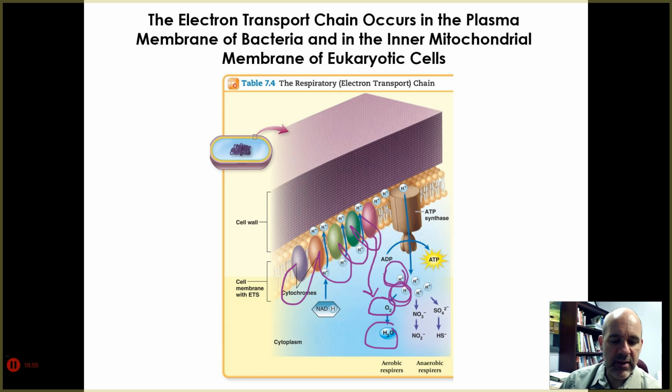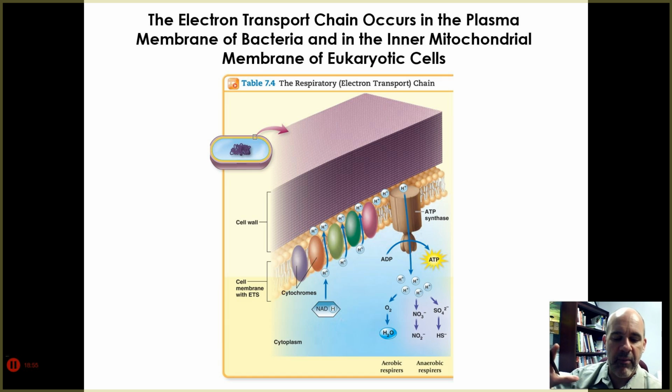Something else happens during this process: there are hydrogen ions involved as well. We didn't just have electrons bonding to the NAD pluses or the FADs. Hydrogens bonded as well, and those have now been converted into hydrogen ions in the electron transport chain.